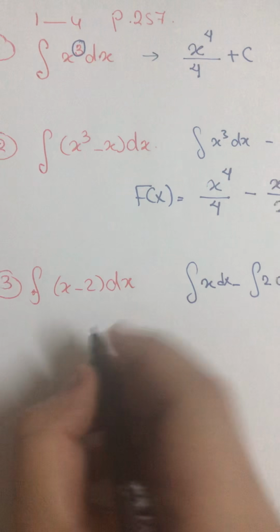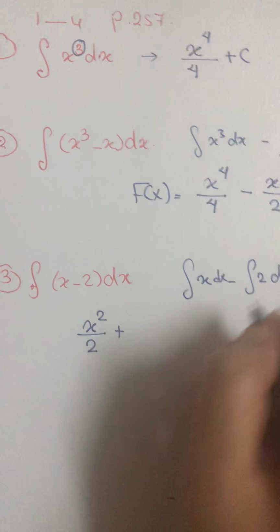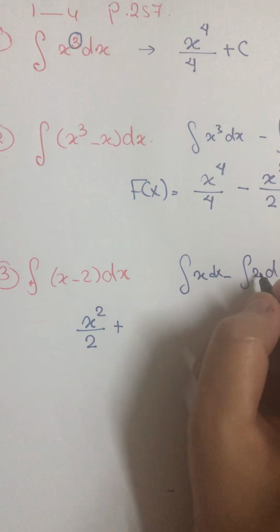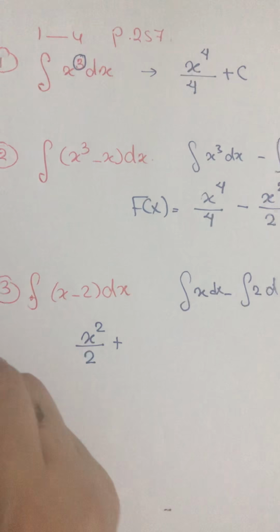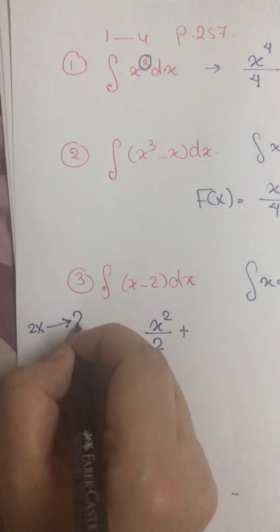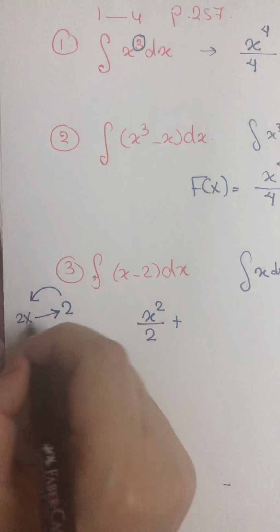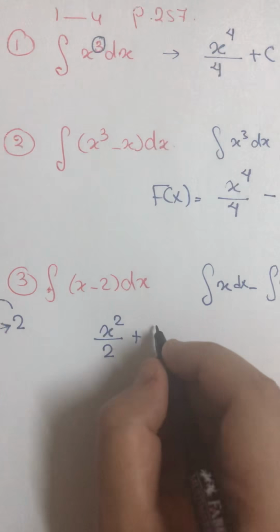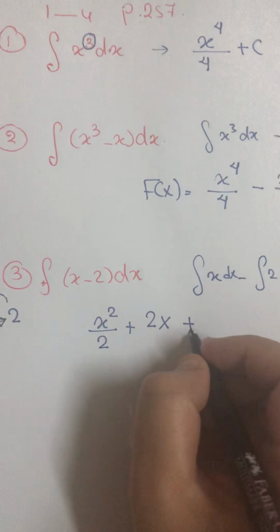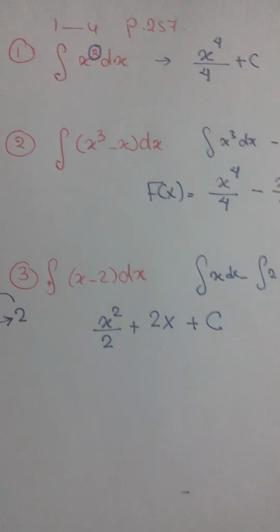The antiderivative of x is going to be x squared over 2 plus, what will happen to this one? Originally when we used to have 2x, right, we would get the derivative and say 2. Now I'm going to the opposite. If you find a constant, add x to it. So 2x plus c, and do not forget the c because I don't know the number.